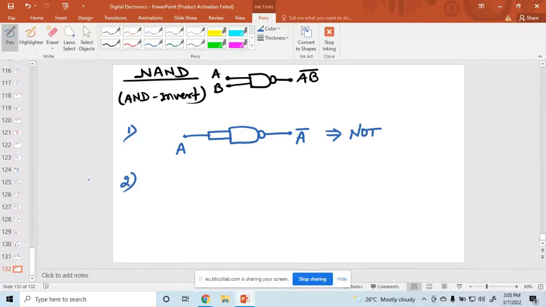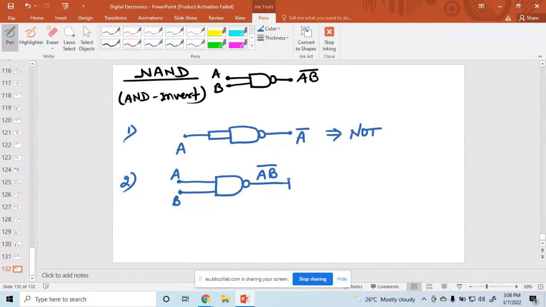Now we're discussing another logic gate: how to design OR and AND logic gates. Suppose I'm using one NAND gate, with one input A and another input B. The output is A into B and inverted, so (AB) bar.